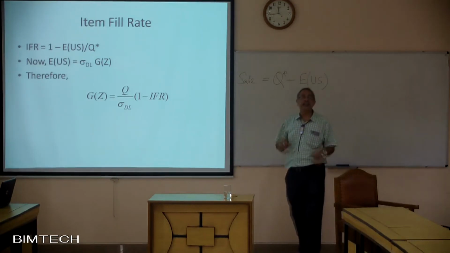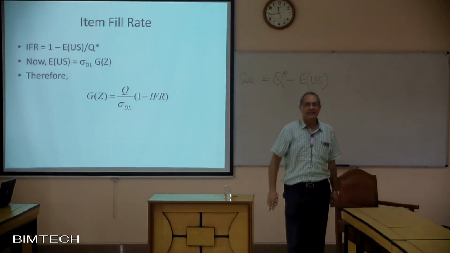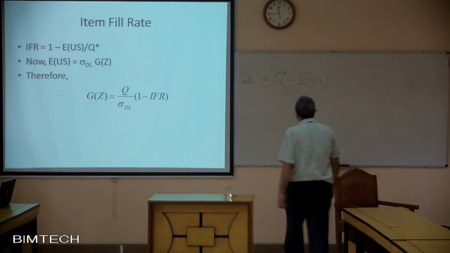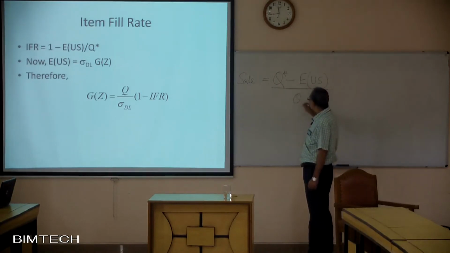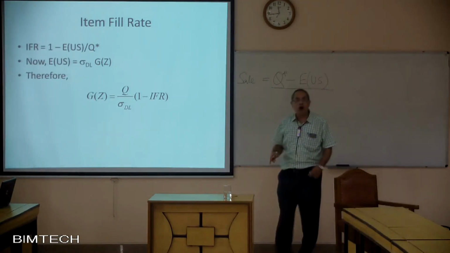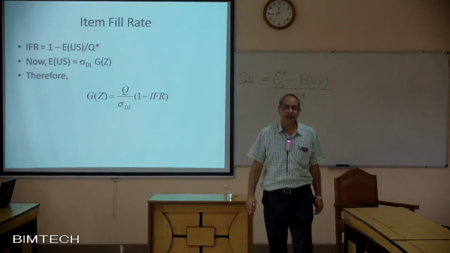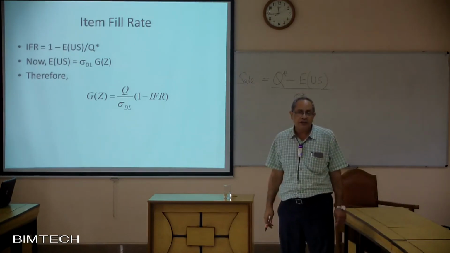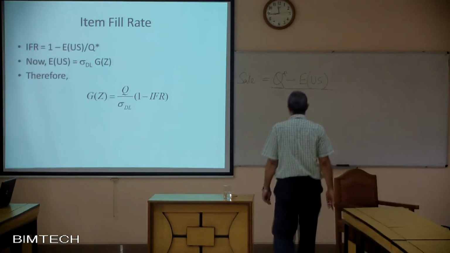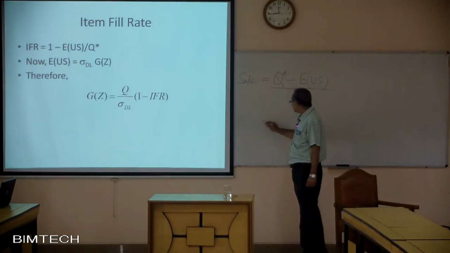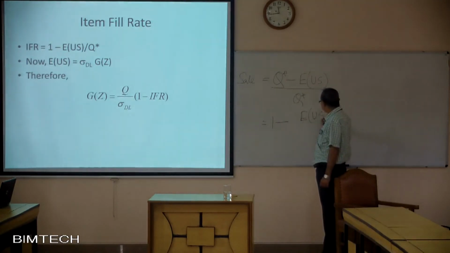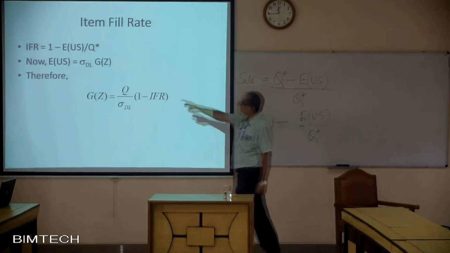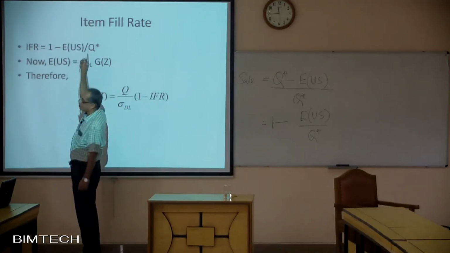Sale is the total quantity that I actually sell, or supply. And what is the demand? The demand is Q star. So this divided by Q star tells me what fraction of the total demand during the cycle I am able to actually meet. So Q star minus expected units short upon Q star gives us 1 minus expected units short upon Q star. That is exactly what we have here.